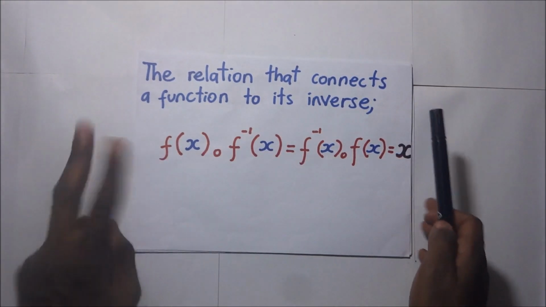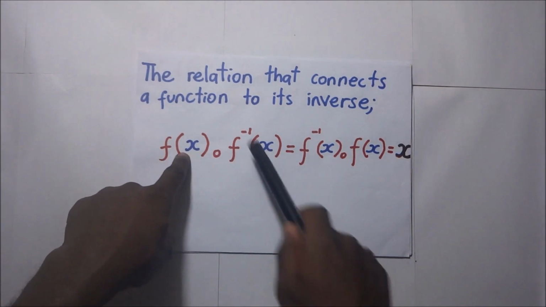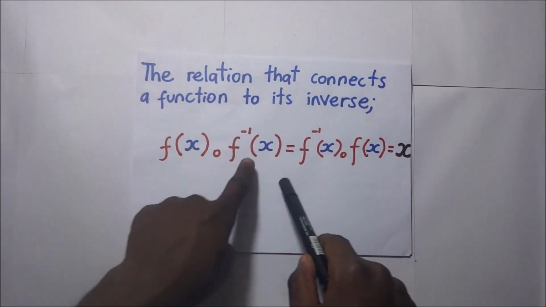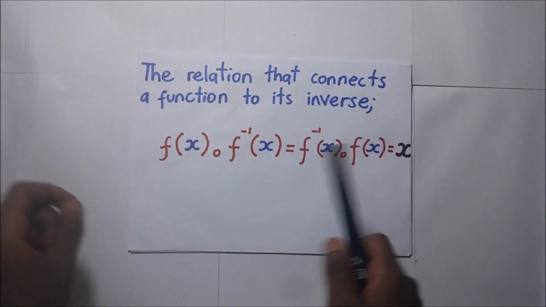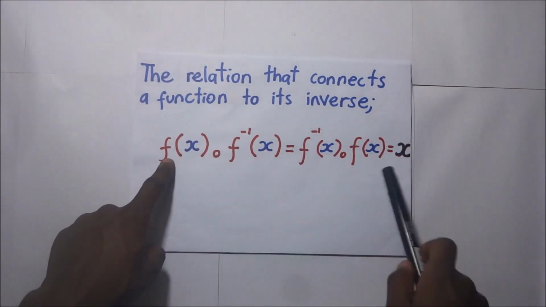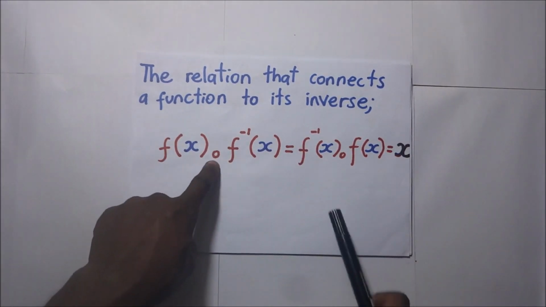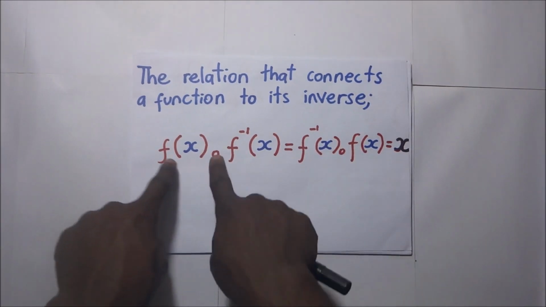So if you have two functions, one is f of x and the other is the inverse of that very function, then for that to be true, those two functions are supposed to satisfy this relation. And from earlier on, this simply means that these two are composite functions, not multiplication.